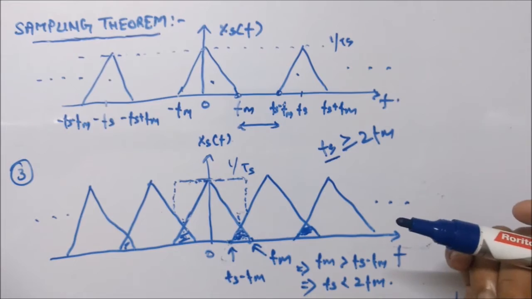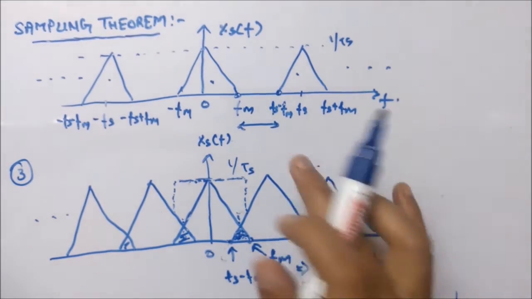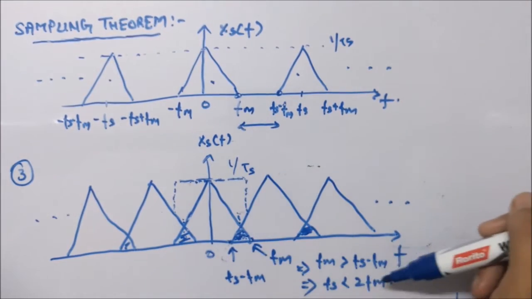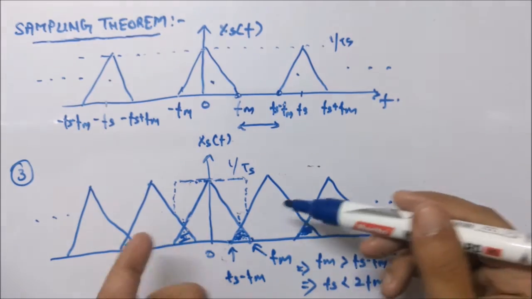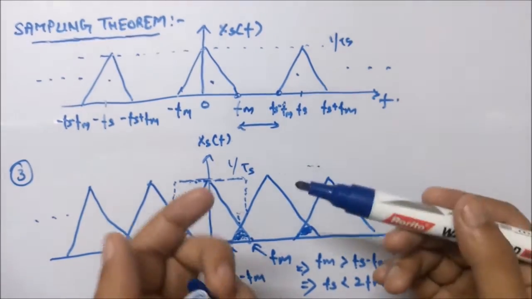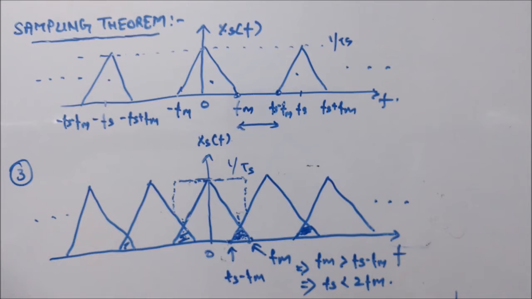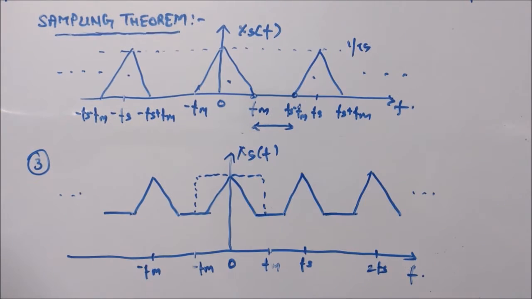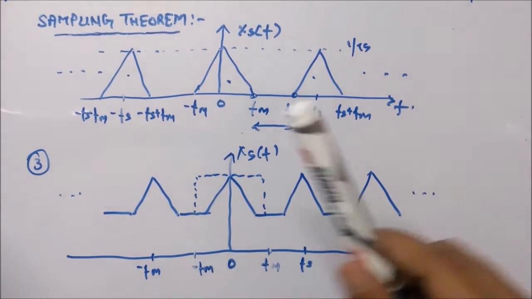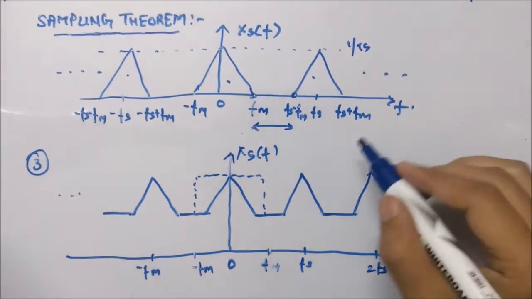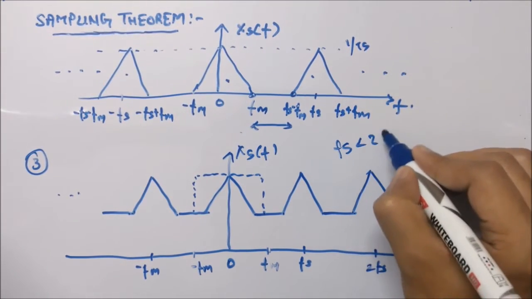Now what will happen if you sample with fs less than 2 fm? This is the problem, but what you will really recover, I will show you. The third case is still going on. You can see this kind of sampled signal you will get when fs is less than 2 fm.